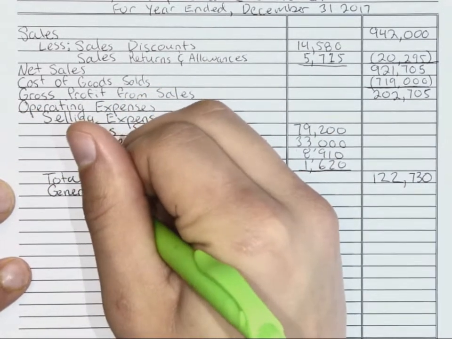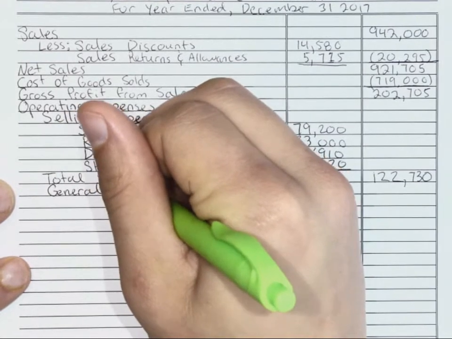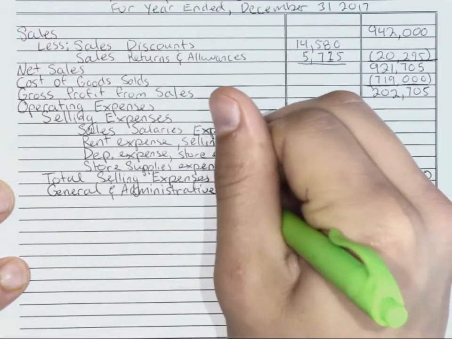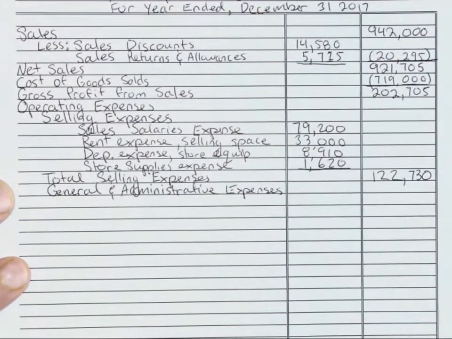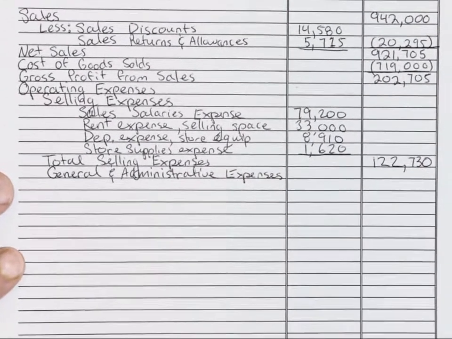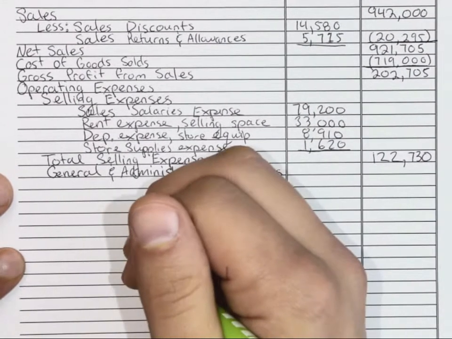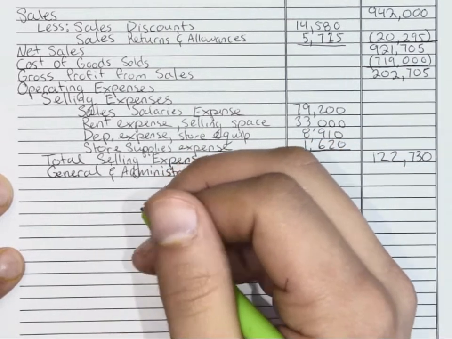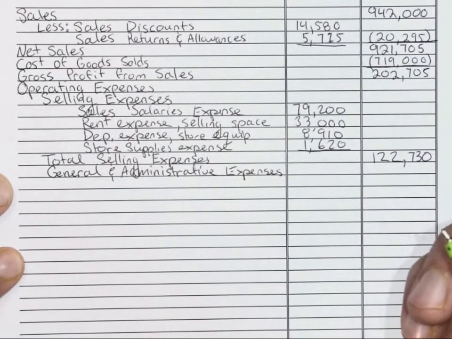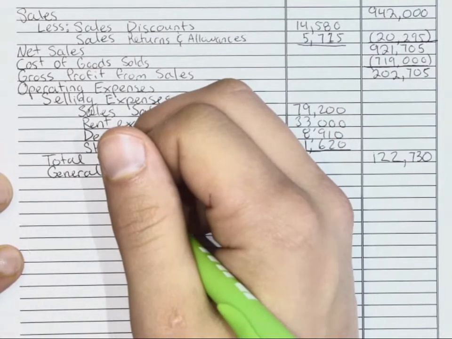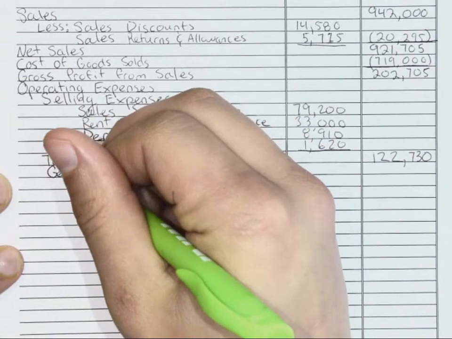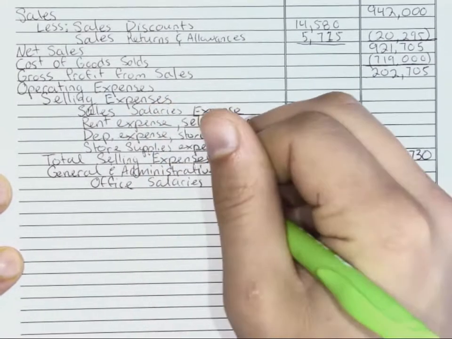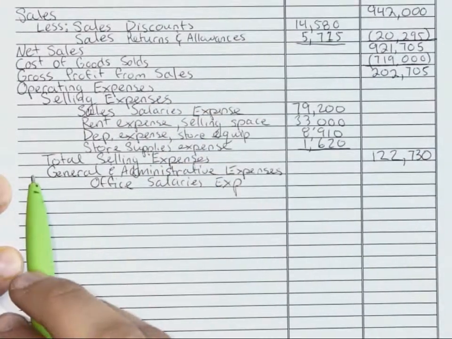General and administrative. So we have office salaries expense. So you will have to know these two sections, right?